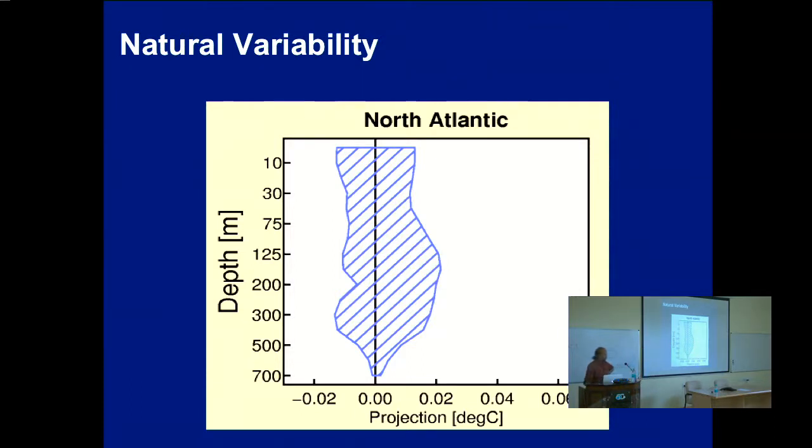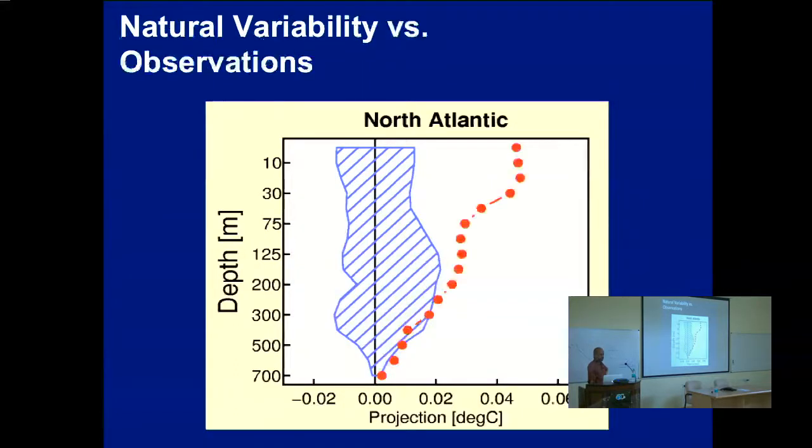So this is what my model tells me is how much my temperature can vary. But the red dots are what the observations are. So nearer to the surface of the ocean, there's been a lot of temperature change with respect to the zero temperature.